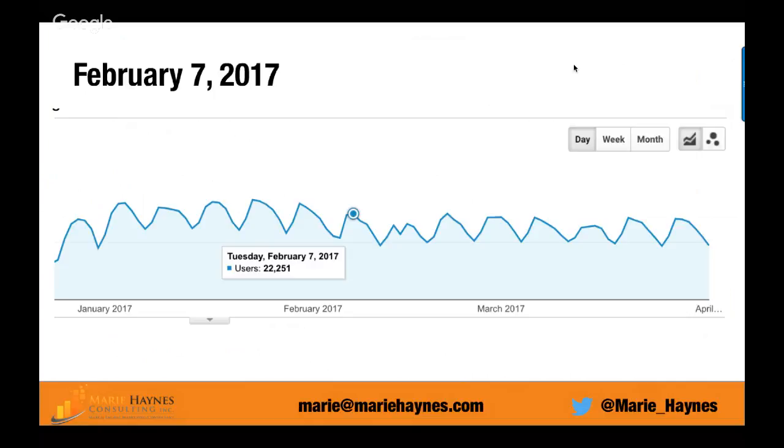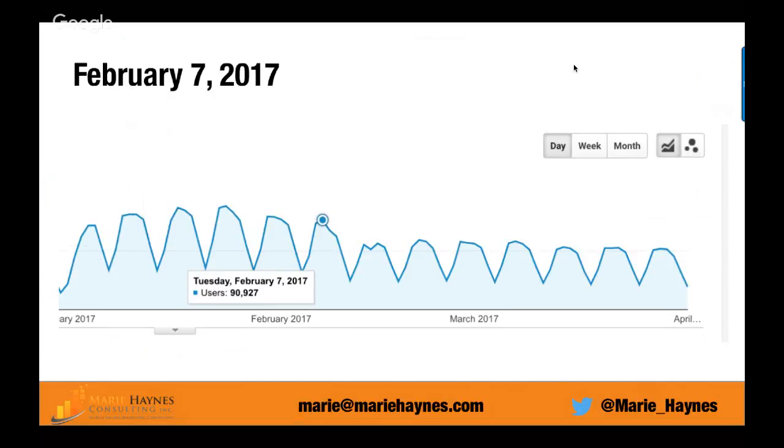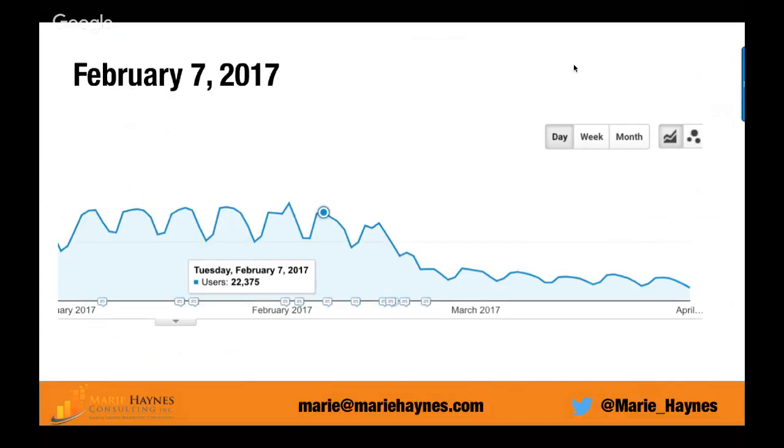So this is very typical of what we're seeing, where traffic is moving along at a good pace, and then all of a sudden there's a dip. Here's another site that came to us and saw a significant dip, and we saw some sites that looked like this that saw massive decreases. This site was affected starting on February 7th, and then there was another update on March 8th of 2017 that the SEO community called Fred.